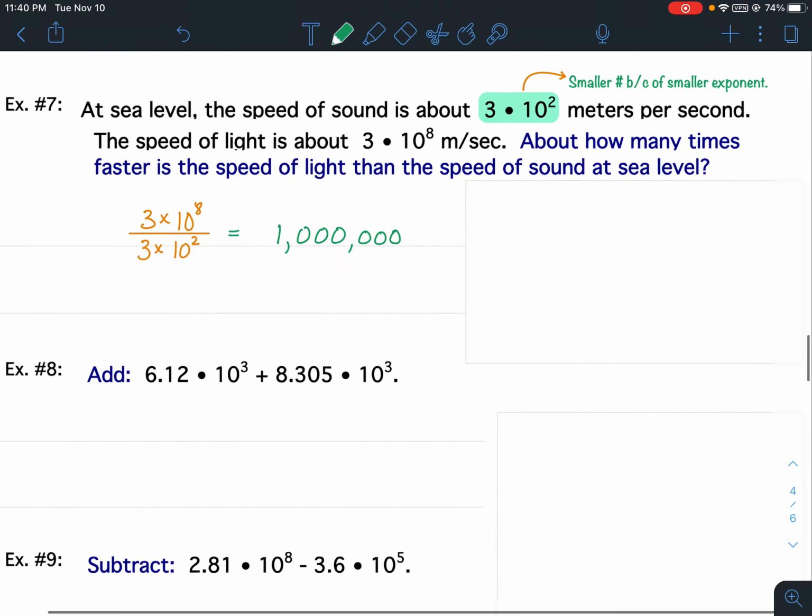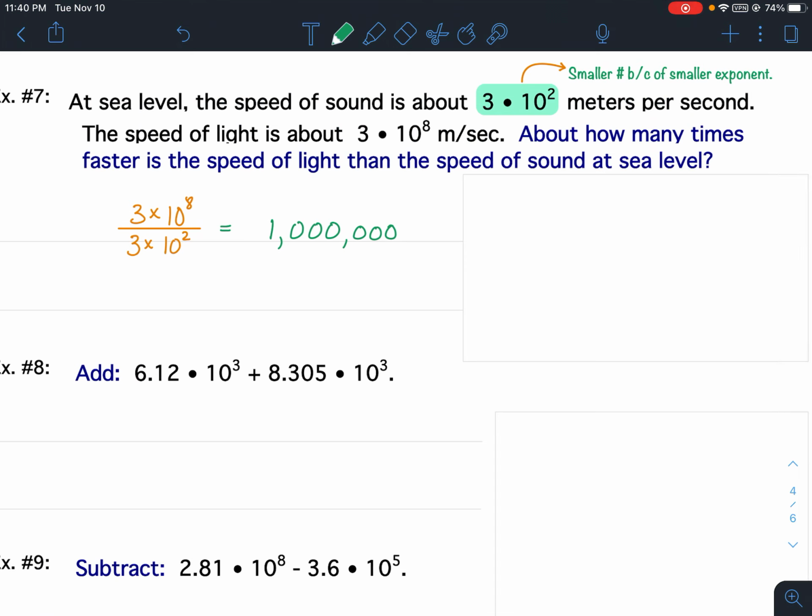Now, the speed of light is 1 million times faster than the speed of sound. Think about what you would witness in everyday life that proves to you that the speed of light is faster than the speed of sound.